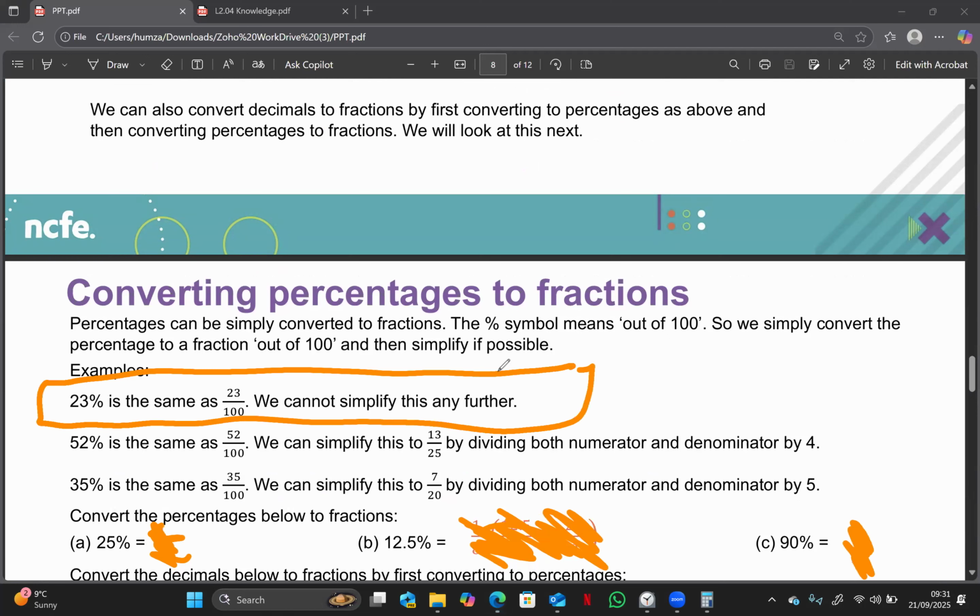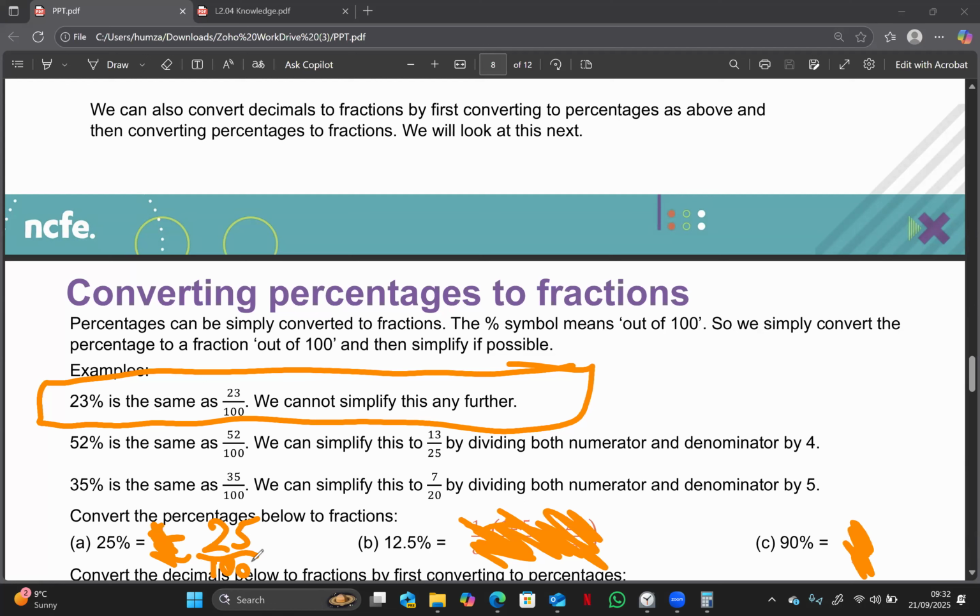It's the same as what it says all over here. 25 divided by 100. Exactly. So we would write it as 25 over 100, yeah?